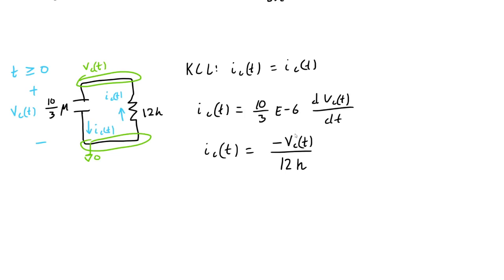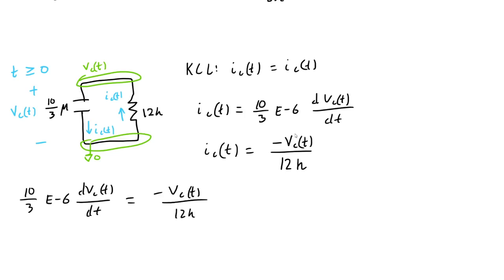I went ahead and wrote out the equations. We're going to set IC(t) equal to IR(t). So 10/3 times 10 to the minus 6 dVC(t)/dt equals negative VC(t) over 12K.